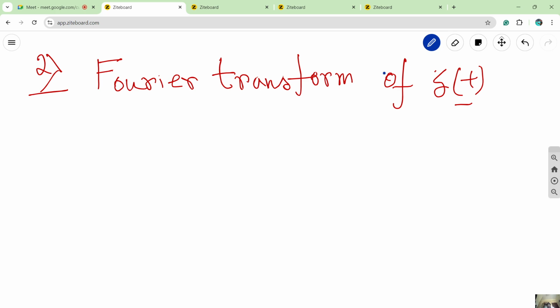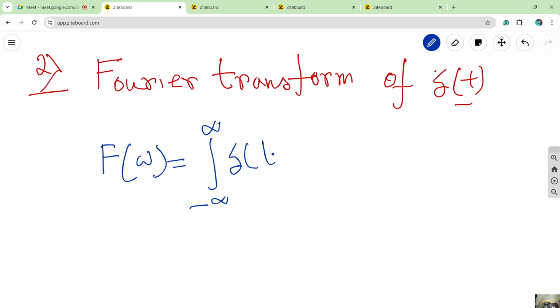Okay. So it's pretty simple. So the Fourier transformation of delta t, if you want to calculate it, is the integral from minus infinity to infinity of delta of t e to the power minus j omega t dt.